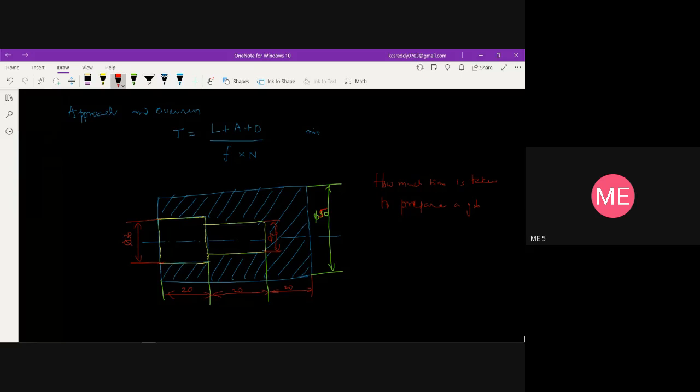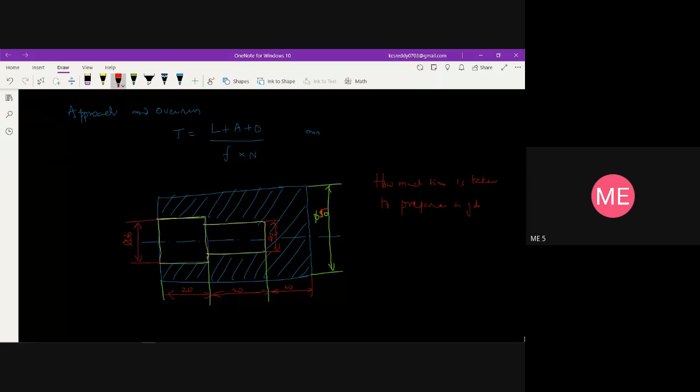Okay, so here this is given as 60. Of course, you can take these in mm, so this is the 60 mm piece. The length of the piece is going to be 60 mm, and the diameter of the blank is given as 50 mm.